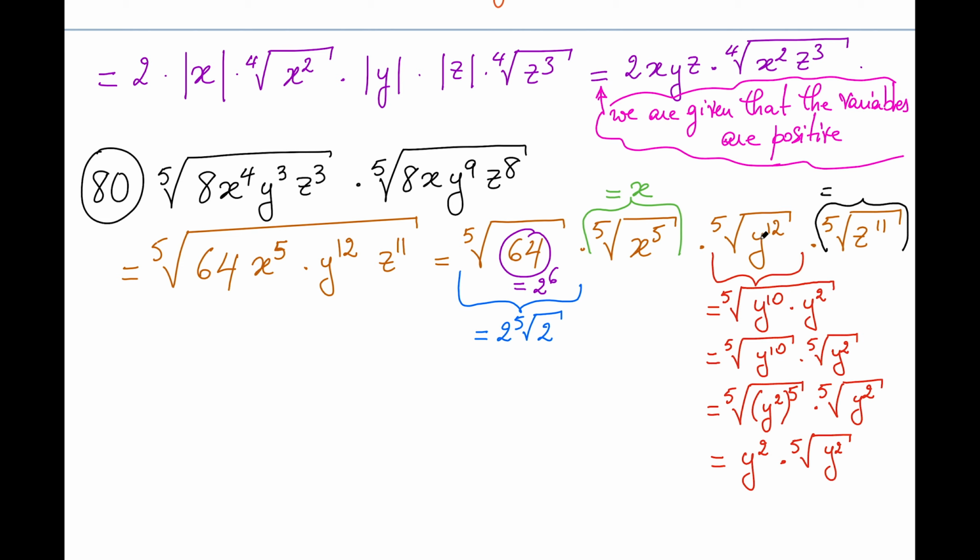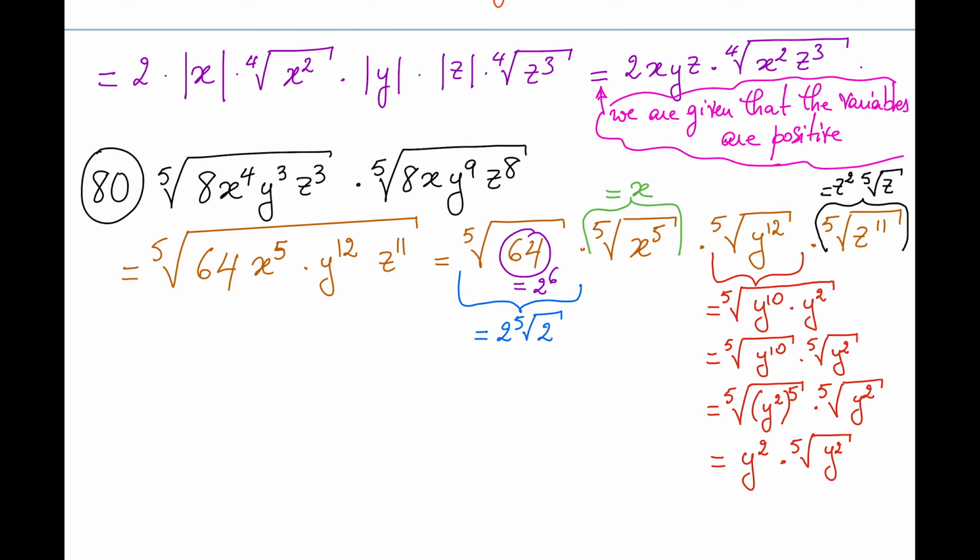Obviously y has to be changed to z. 12, replace it by 11. This becomes 10, and this becomes 1. The 10 continues the same way, and the 1, instead of 2, is going to come here, right? So at the end of the day, it's going to be y squared, or z squared in this case, times the fifth root of z. So z squared times the fifth root of z. Correct?